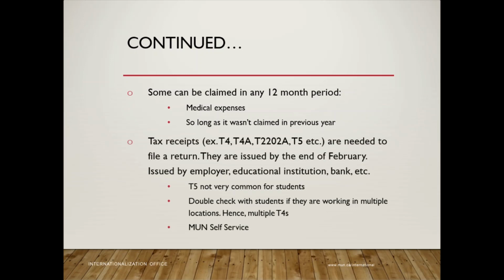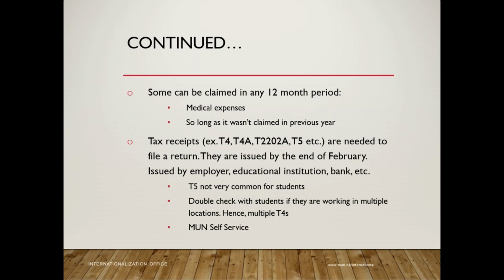Just one thing about medical expenses: you can only claim those that were not covered by your insurance, meaning the payment which was paid by yourself, out of your own pocket.